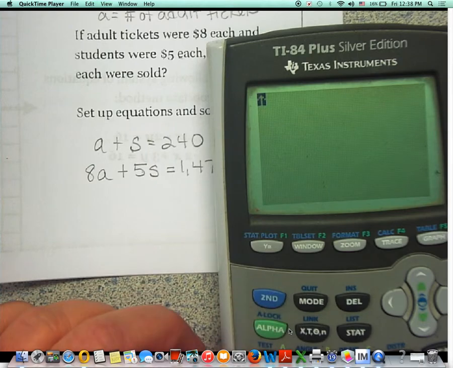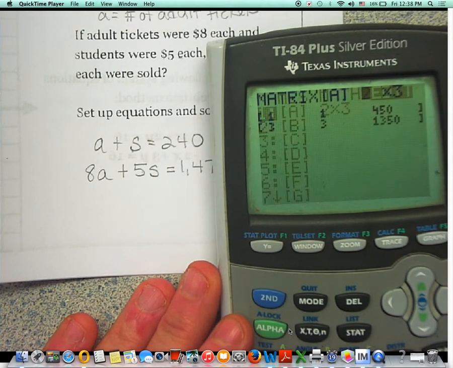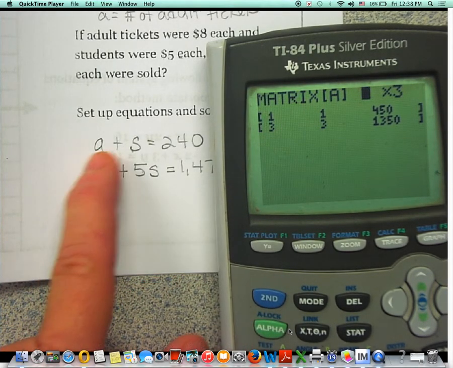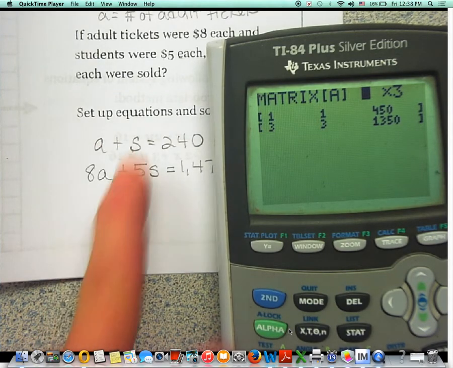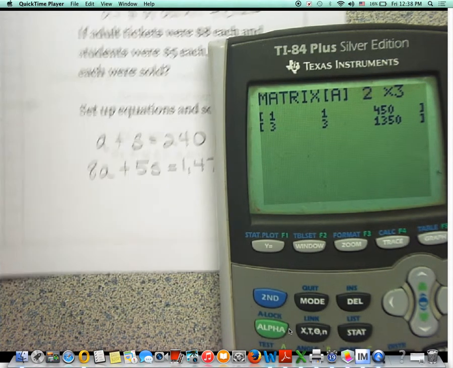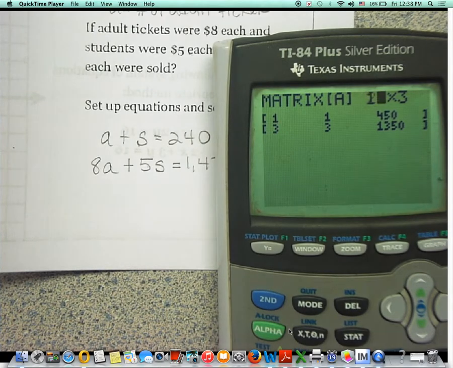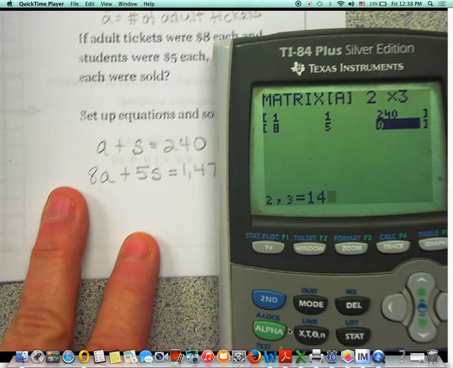So I'm going to do second matrix, edit, and it's a 2 by 3. There's 2 rows, 3 columns. So in here I'm going to put 1, 1, 240, and then 8, 5, 1,470.